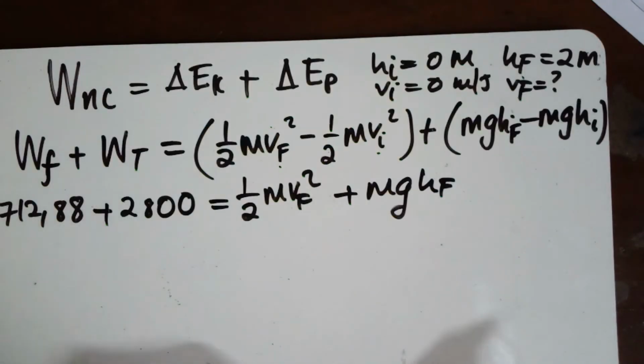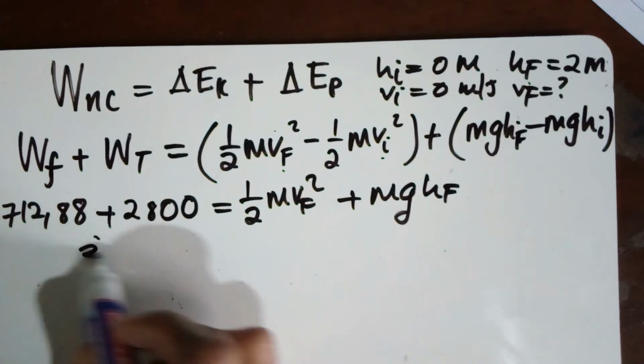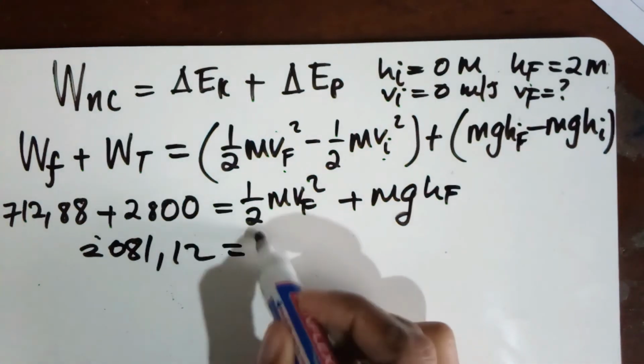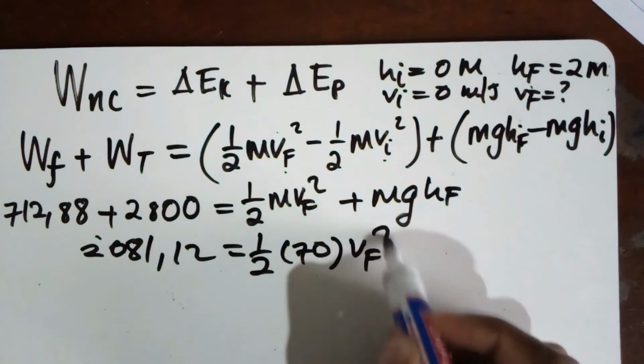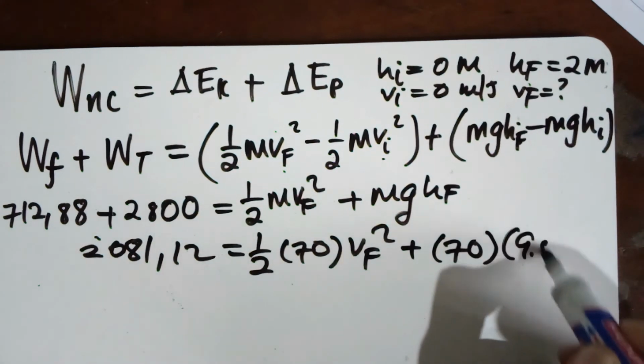If you do this thing, you get about 2281.12, and then let me just do this quickly. It's 35 kg vf squared plus 70 kg times 9.8 times 2, which is our height.